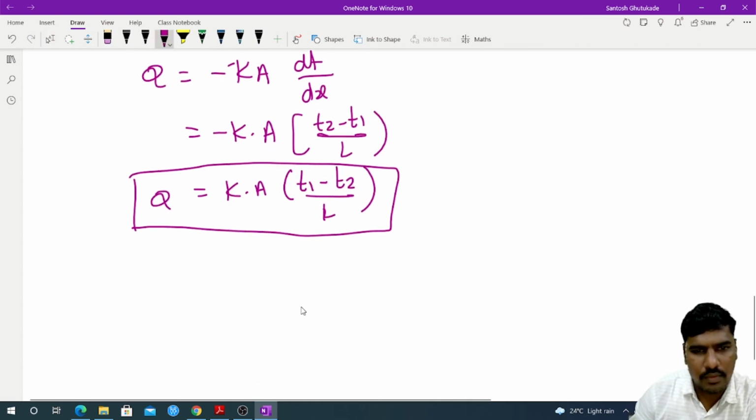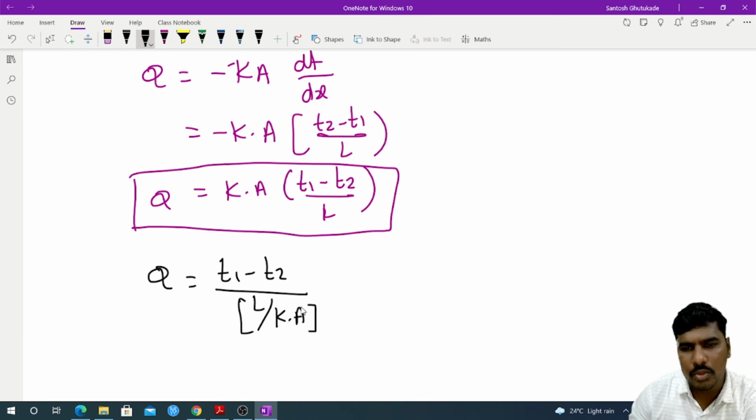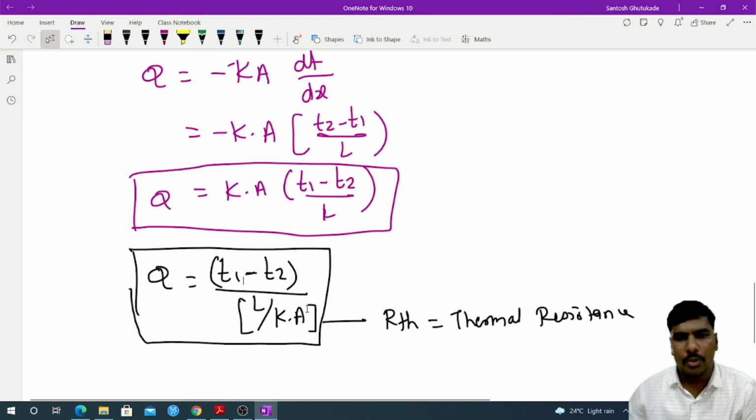You can also write this equation in the form Q is equal to T1 minus T2 divided by L upon KA, and L upon KA is known as R_th, that is the thermal resistance. So this is the heat conduction formula for the plane wall. Now by using this formula for the plane wall, we will derive the equation for the composite wall also. So in the next lecture we will see the composite wall.